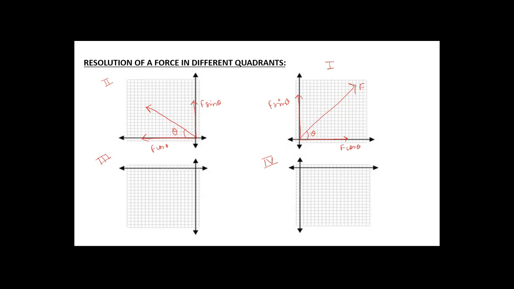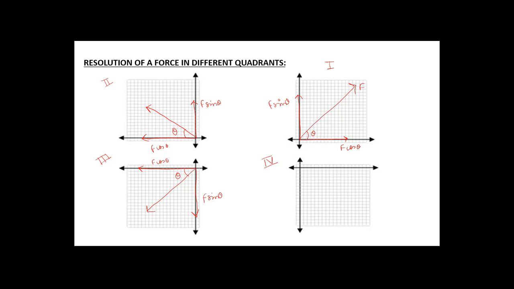Similarly, if the force is acting in the third quadrant like this, again making an angle theta with the horizontal, then this will again be F cos theta and this component will be F sin theta.